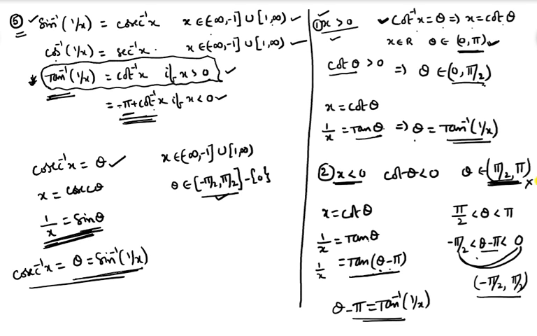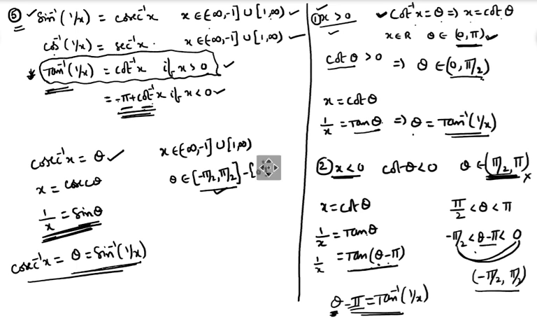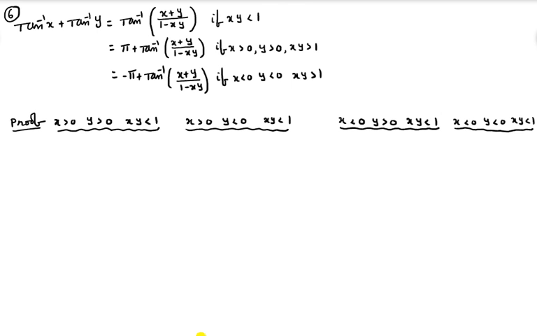So tan inverse of 1 by x is minus pi plus cot inverse x. We saw theta is cot inverse x only, right? So for x greater than 0 we can write tan inverse 1 by x equal to cot inverse x.